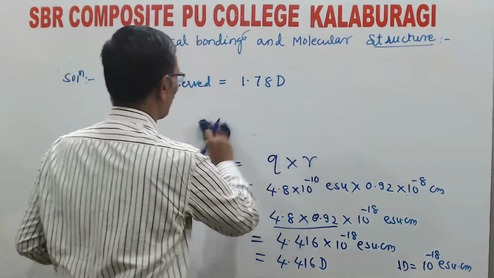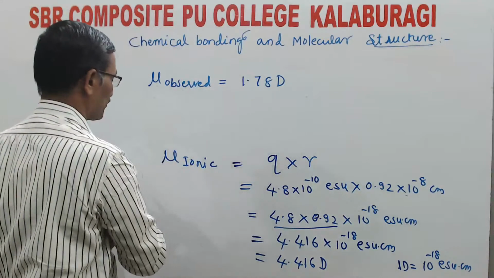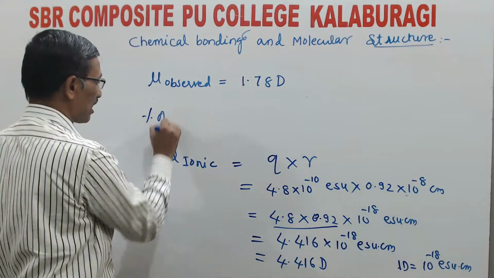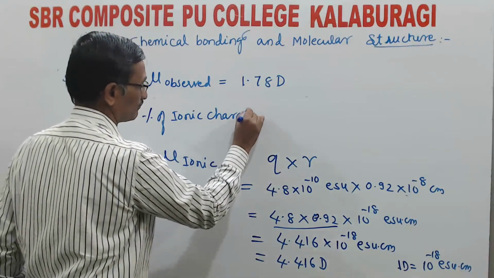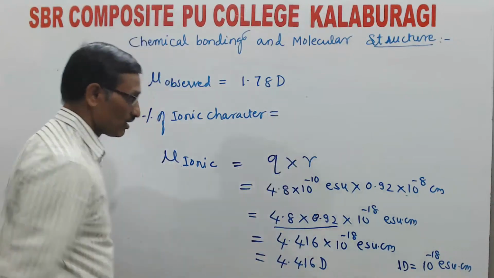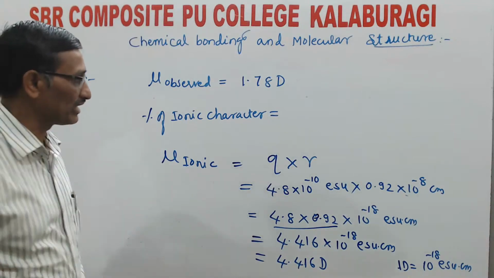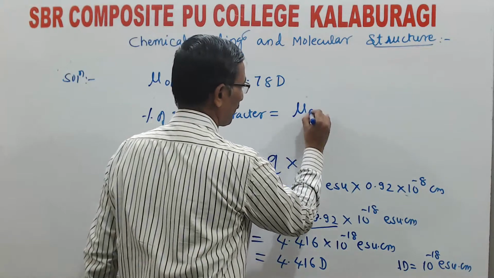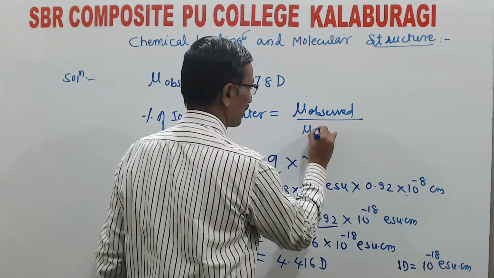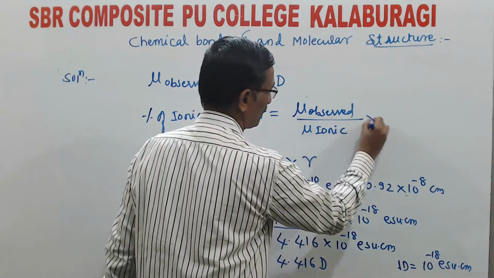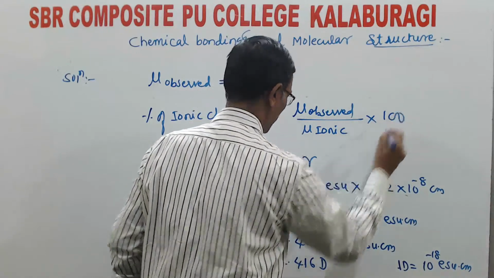Now I will write the formula. After this I will stop. What is that? Percentage of ionic character: dipole moment observed divided by ionic dipole moment, multiplied by 100.